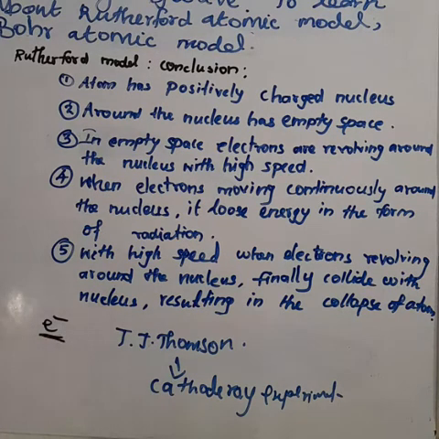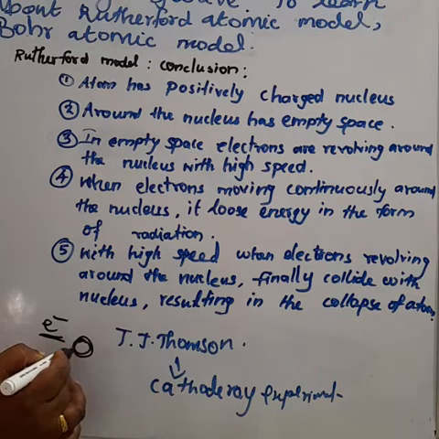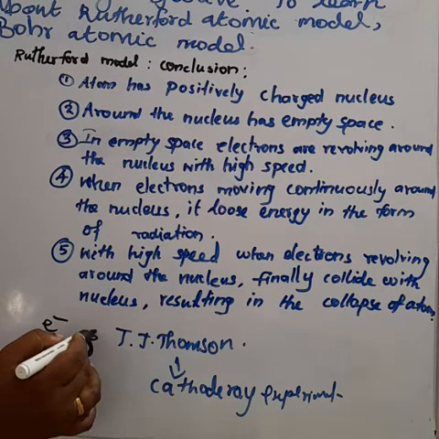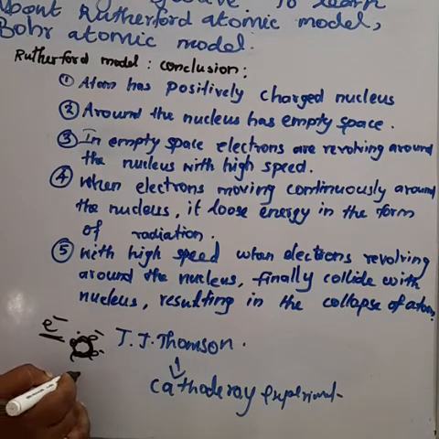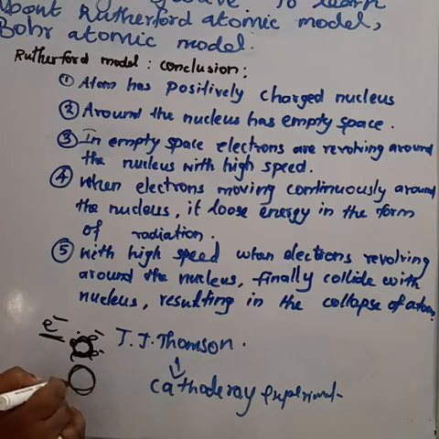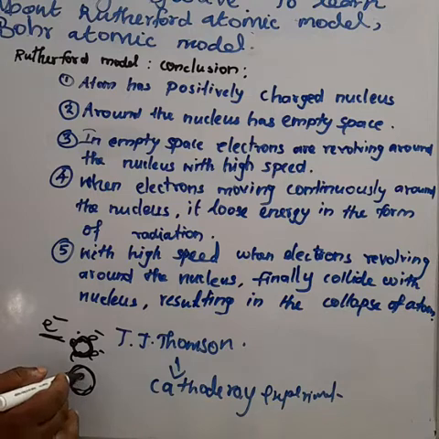And he also proposed that the atom is a positively charged sphere in which the electrons are embedded like seeds in a watermelon. He didn't tell about how electrons are filling, how electrons are revolving around the nucleus. What about orbits? What about orbitals?